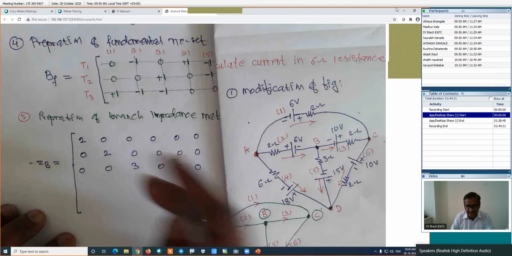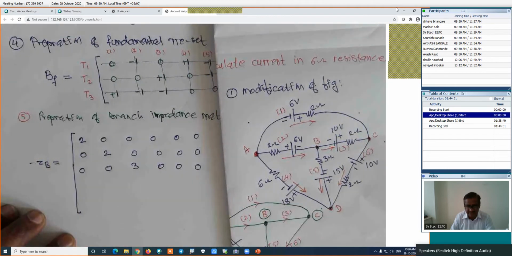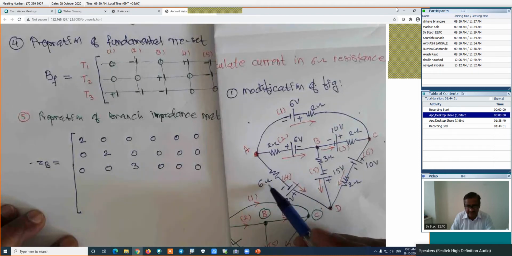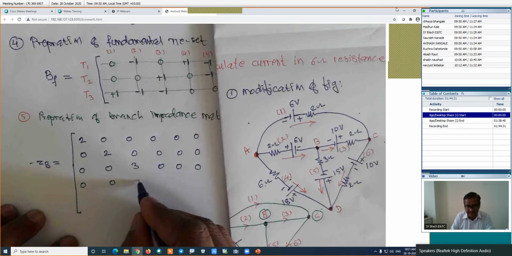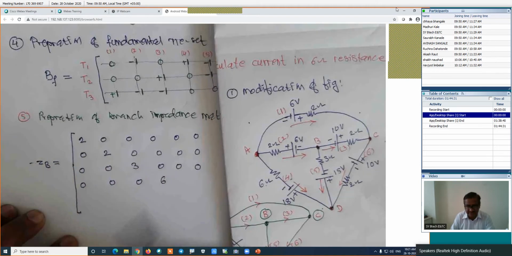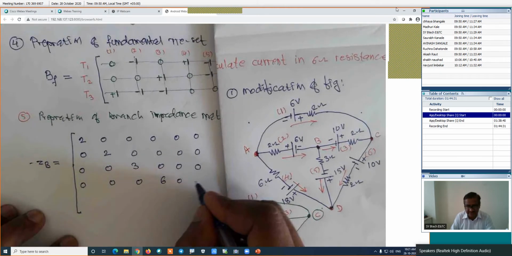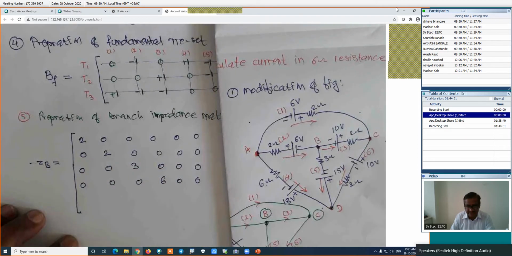This means only diagonal elements will be present in this particular matrix ZB. Then branch number 4. How much is its impedance or resistance? It is 6, with 0, 0, 0 before it. Next, how much is the impedance of the next branch? The remaining are zeros again. Branch number 5, it is 3 ohm.